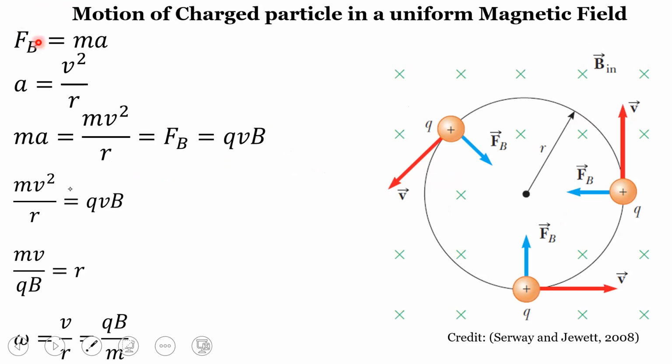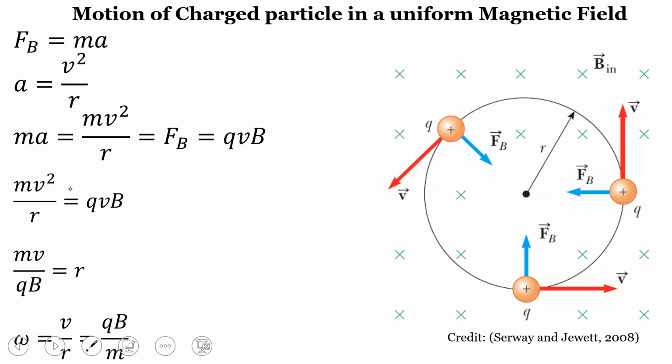So FB is a magnetic force, and we know force from Newton's law of motion, product of mass and acceleration. So what is acceleration? In this case, we are talking about a particular body. So, okay, now let me try to describe this diagram. You see, we have magnetic field directed into the screen.